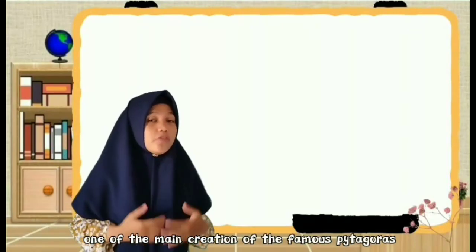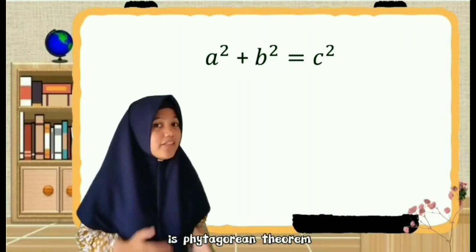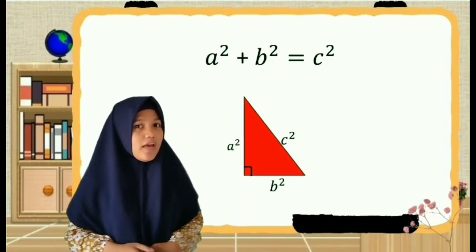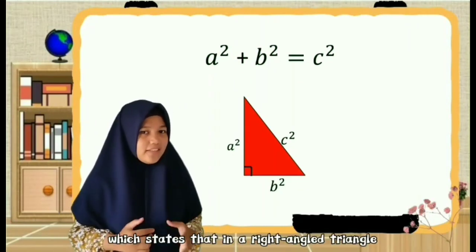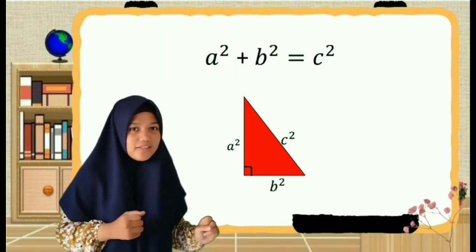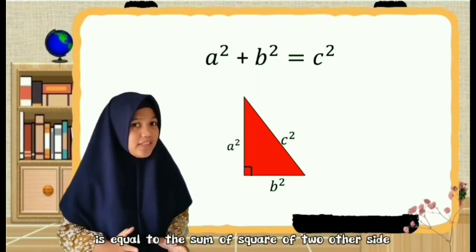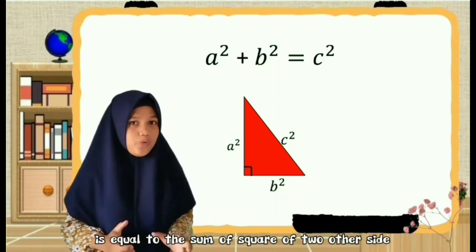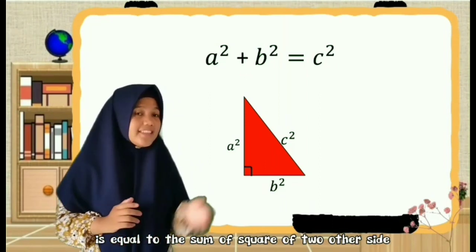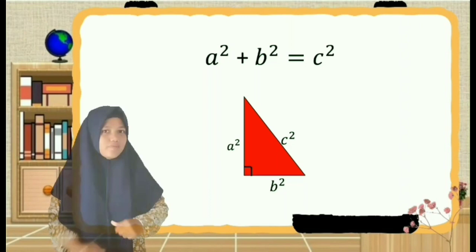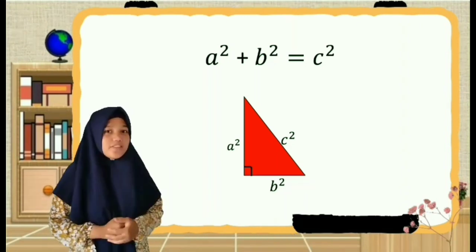One of the most famous contributions of Pythagoras is the Pythagorean Theorem, which states that in a right angle triangle, the square of the hypotenuse is equal to the sum of the squares of the other two sides. Can you see this picture?